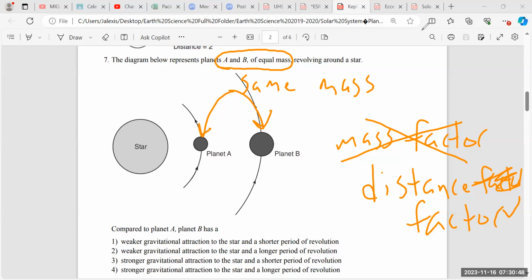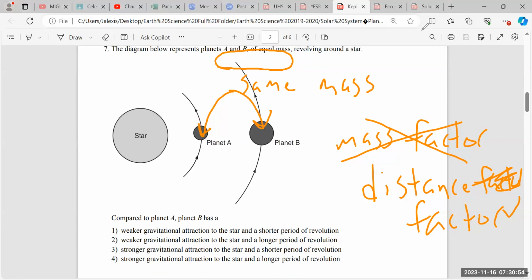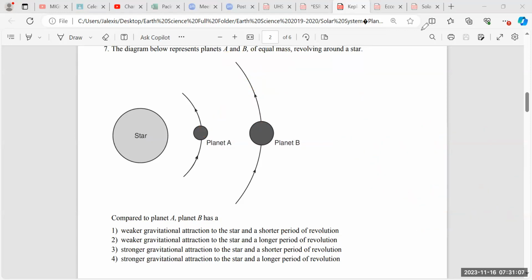So compared to planet A, planet B has what? So when I'm looking at the options, one of the things I realize is that planet B is farther than planet A, right?